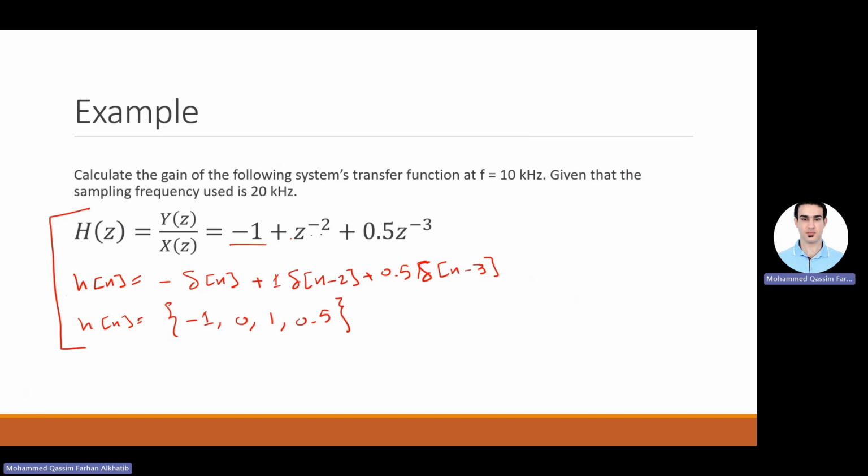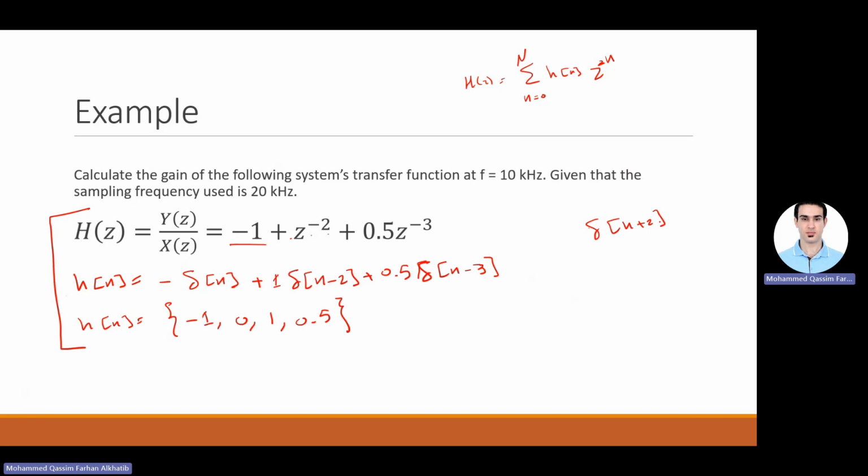This one? No, -2. Because h of z is the summation n equals 0 to n, h of n, z negative n. So the negative here is coming from the exponent, not from this one. Besides, if I have delta of n plus 2, it means that I'm relying on a future value.